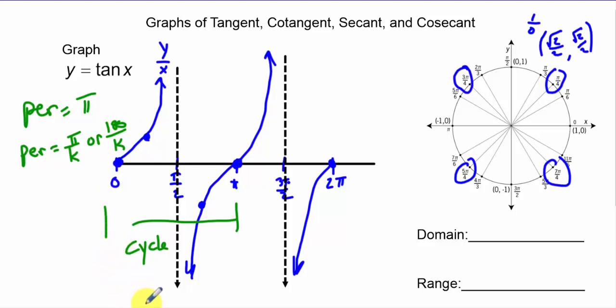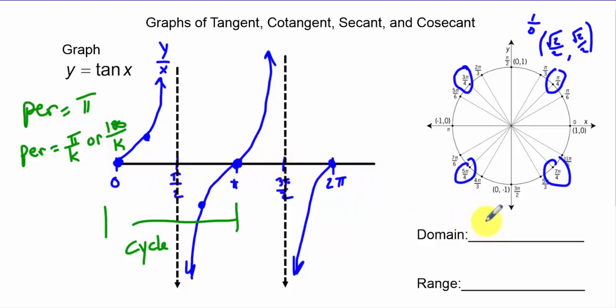All right. And then we have to bring up a question of, all right, what is our domain of the function? Well, it looks like I'm going to get asymptotes every pi over 2 and pi thereafter.